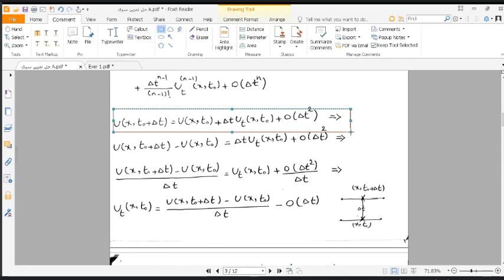Okay. In this formula, we have u with respect to t. It is an equation. We solve this equation and find u_t. Very easy.